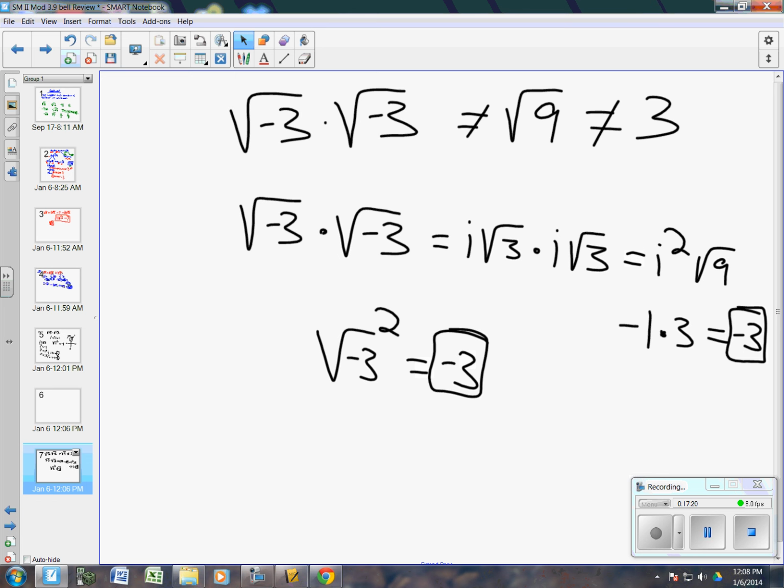So this is the rule: when they're both negative like this, or if there's a negative inside there, you can't multiply them until you've taken care of the I. Yes, you still have a negative that you have to account for, the square root of a negative number.